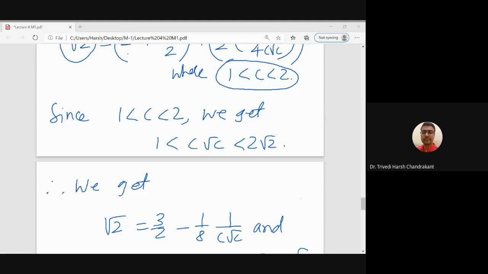And you can use square root 2 less than 3 by 2 there also, and see whether we are getting any better interval. I'm keeping it as an exercise. I will not do it. But surely we can do that, and you can observe that the interval will decrease. The length of the interval will go closer to 1.4142 from both the sides.